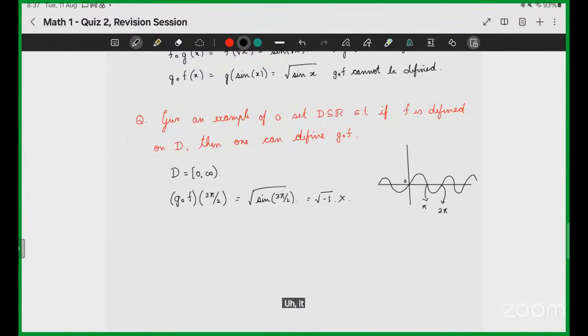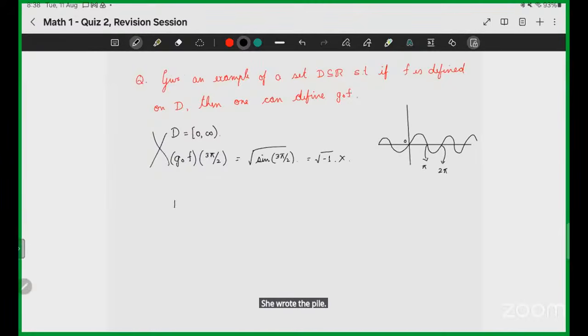0 to pi. So that works, right? D from 0 to pi will work. Why will it work?